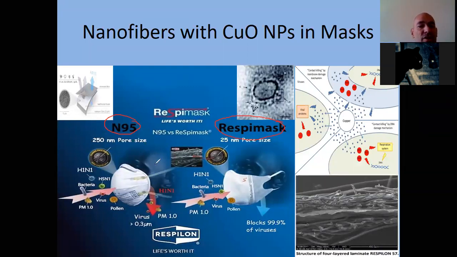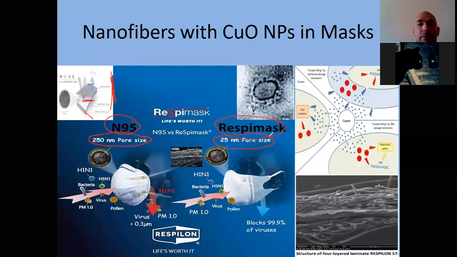And what is interesting is that this N95 mask has a pore size of 250 nanometers. Whereas this RESP mask is made of nanofibers, and now the pore size is much smaller. It is about 25 nanometers, okay. And this is basically the structure of this RESP mask. You have a top layer, and then you have the nanofiber layer, etc.